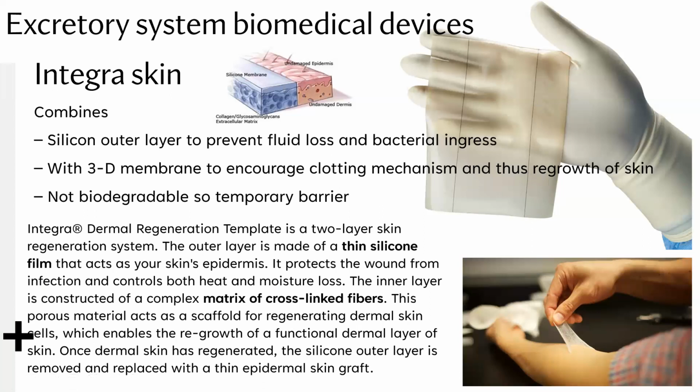First of all, of course, it prevents fluid loss and bacterial ingress. But secondly, the silicone is breathable, so it allows oxygen to pass through, and the cells are not going to die under that blanket of hypoxia, or basically lack of oxygen.